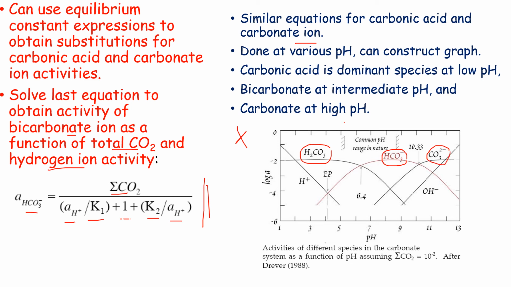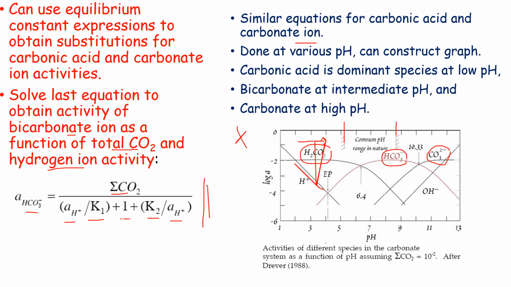The dividers for this range are always here and here. You can also see that as the carbonic acid is very high here, as you increase your pH, the hydrogen ion concentration decreases with increasing pH.